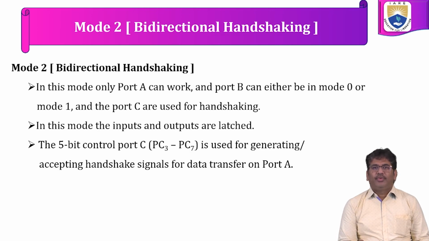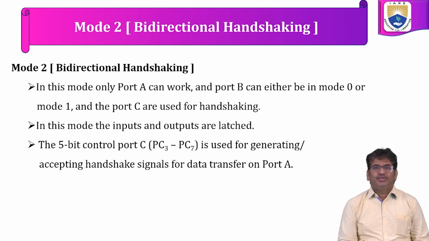The last mode of operation for 8255 is mode 2, which is bidirectional handshaking. In this mode, only port A is used for IO operations, whereas port B we can configure in mode 0 or mode 1.